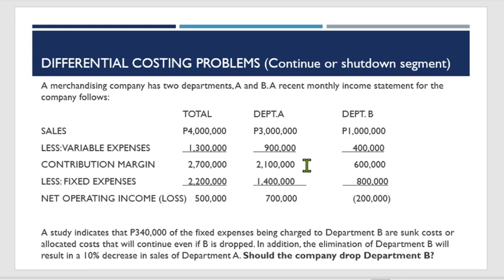Next, the fixed expenses. The fixed expenses for Department A is 1,400,000. Ibawas mo pa rin yan.